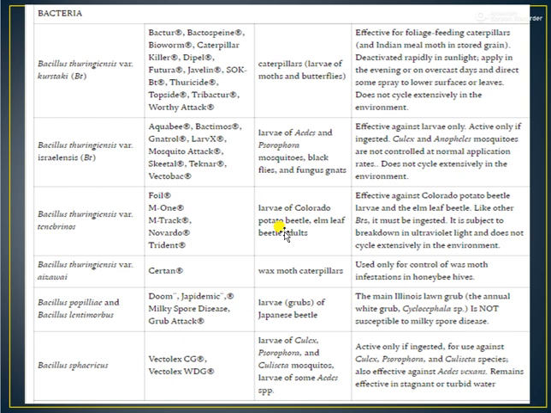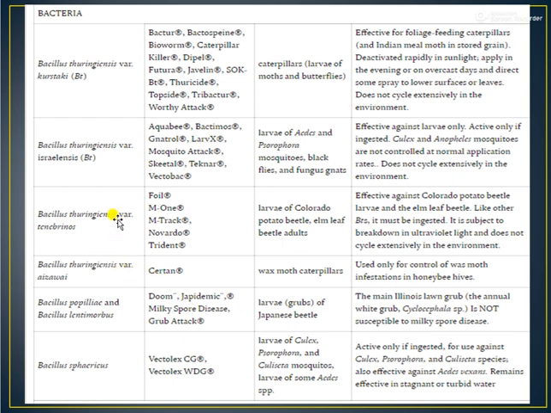The larvae of Colorado potato beetle and elm leaf beetles, and adults, can all be controlled with the help of Bacillus thuringiensis. Even the wax moth caterpillars, which are a threat in honeybee hives, can be controlled by strains of Bt.